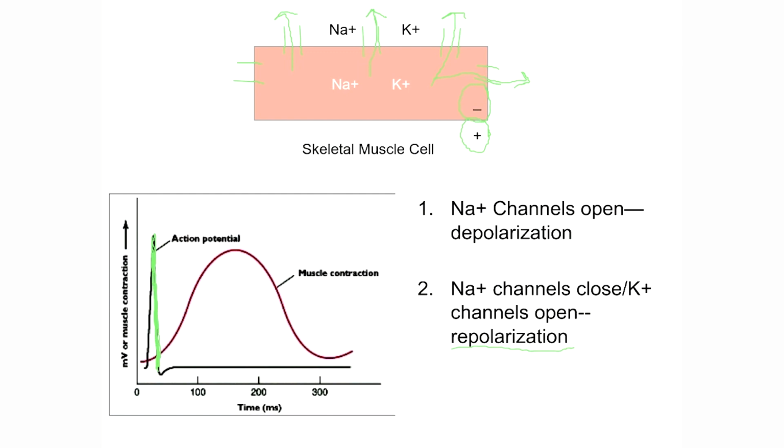And you'll notice if you look at this graph that once we've gone through that depolarization followed by a repolarization, the muscle starts to generate some tension. So that tension is represented by this red line. You'll see tension is increasing. This is representing a muscle contraction that's happening following the electrical signal, or following the action potential, that told the skeletal muscle actually to contract.